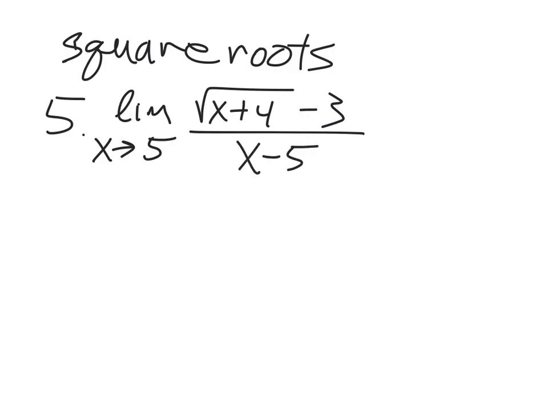And again, quick check, we do end up with 0 over 0. But with this one, what we end up doing is what's called rationalizing the numerator. To be able to do that, we need to look at the numerator, multiply by the conjugate, top and bottom.